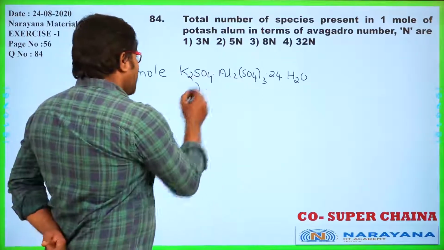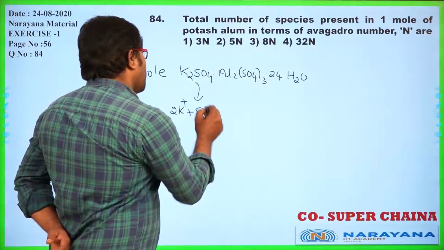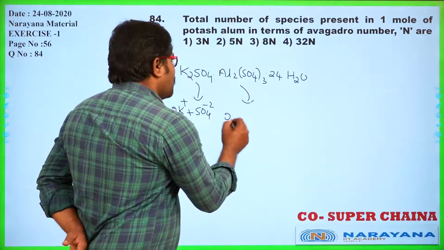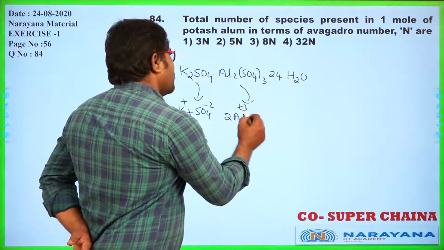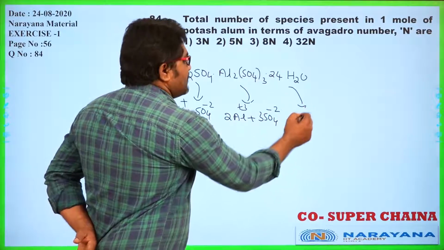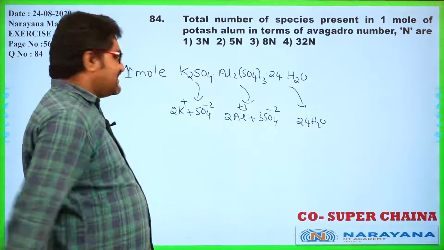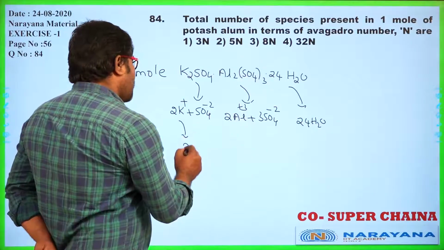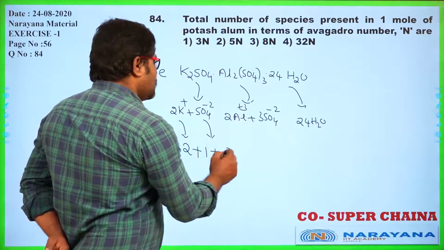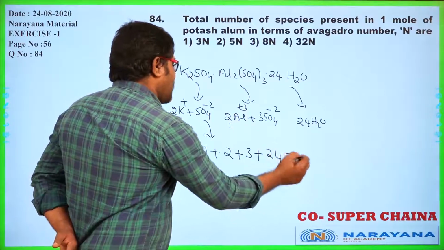See here, from K2SO4 we have 2 K plus and 1 SO4 minus 2. From Al2(SO4)3, 2 aluminum ions plus 3 sulfate ions, and from this we get only neutral 24 water molecules. So how many species are there? 2 from potassium, 1 sulfate, plus 2 aluminum, plus 3 sulfate, plus 24 water molecules as a whole.